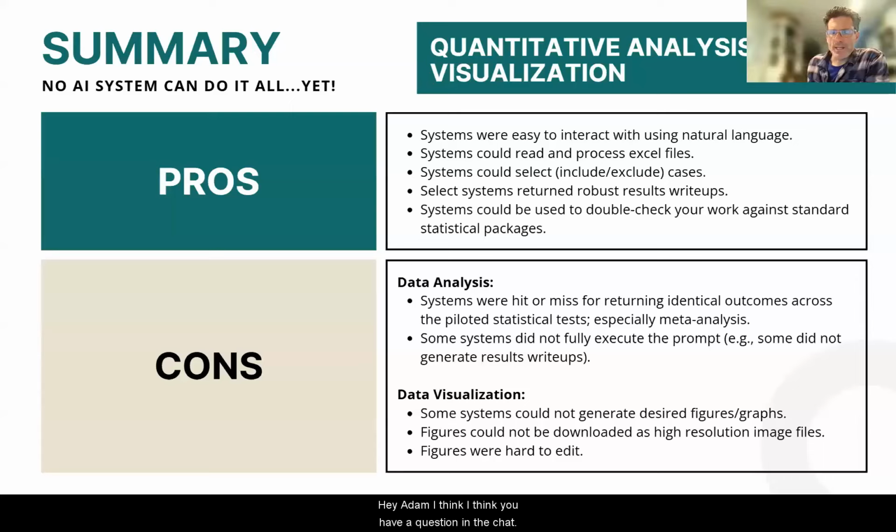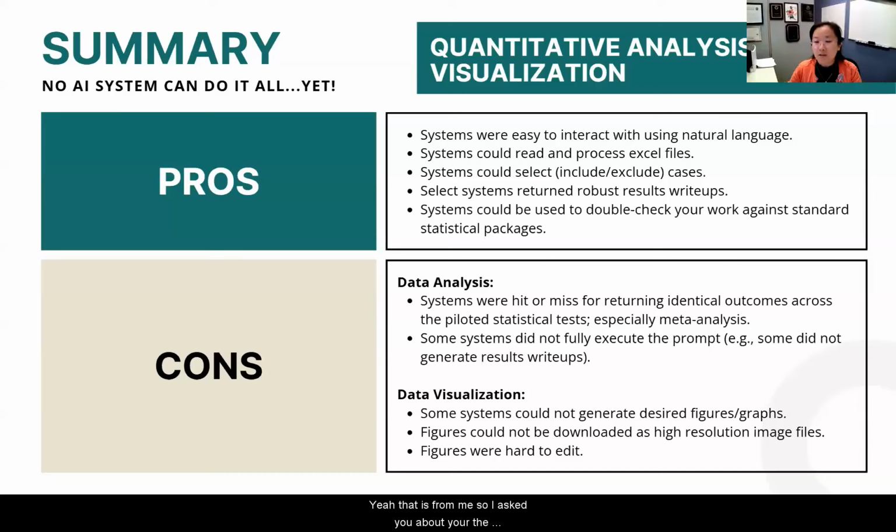Hi, Adam, I think you have a question in the chat. Yeah, that is from me. So I ask you, you are the associate editor for a journal. I'm just wondering, does your journal have any requirement on the use of AI for data analysis? Same as me, I'm the section editor for a respiratory care journal. We're also concerned.